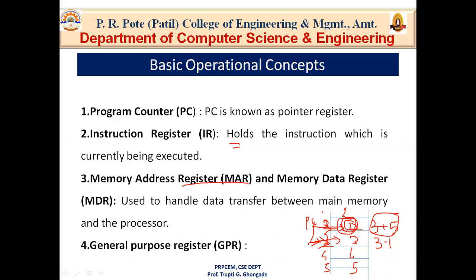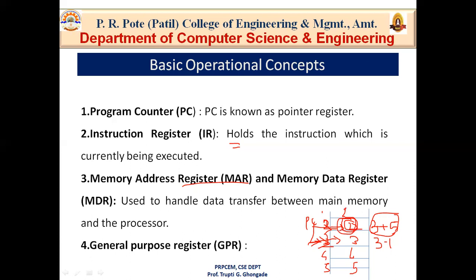Then we have some general purpose registers. These are the registers used to store necessary data for the arithmetic and logic unit and the results after computation. As I told you, for 3 plus 5 minus 2, this 8 we have to use later, that means we have to subtract this 2 from this 8.